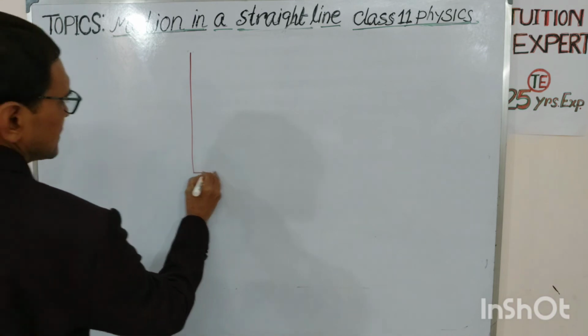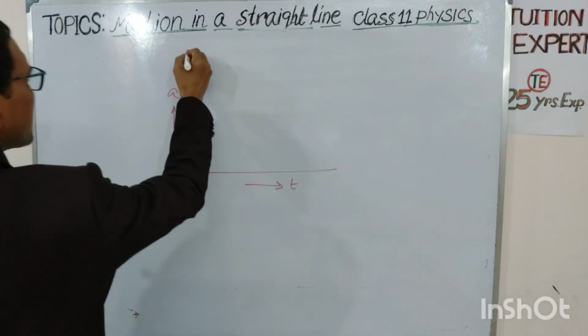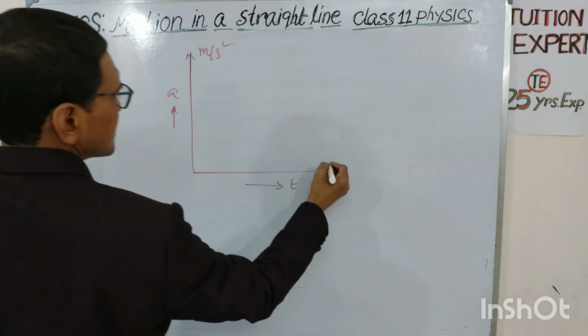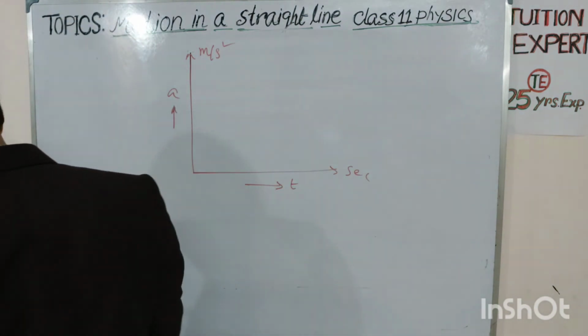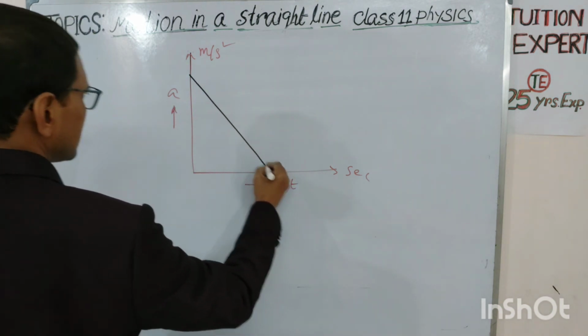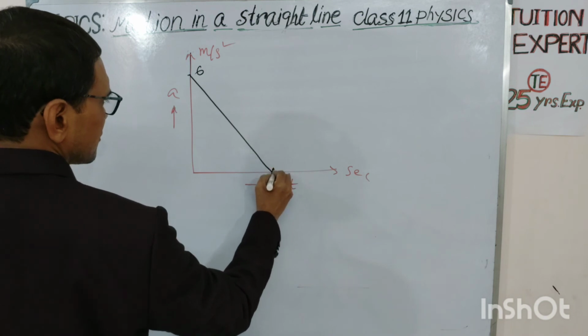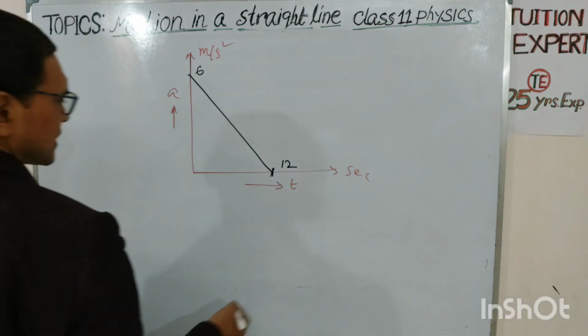Okay, this is an a-t graph given, acceleration versus time, with acceleration in meter per second square and time in second. Suppose this is 6, and this is 12 seconds.